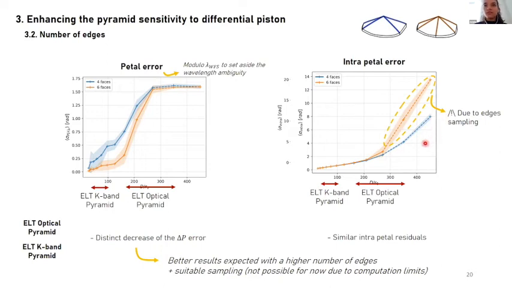However, with a 6 faces pyramid, the sampling of your phase mask matters, and this caused divergence of the loop in my simulations. However, I expect that using 6 faces or even more, 8, 10, or whatever, we could have better results with the petal error sensing. But I couldn't validate that because of computation limits.